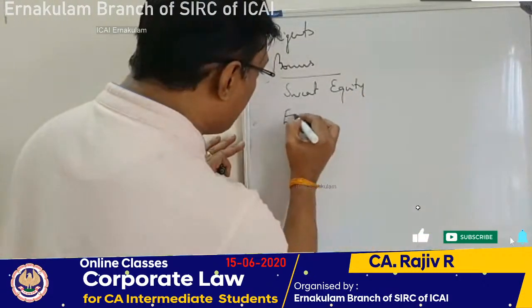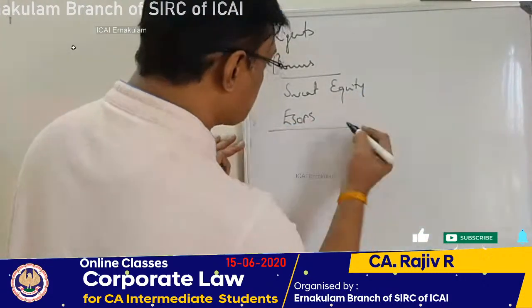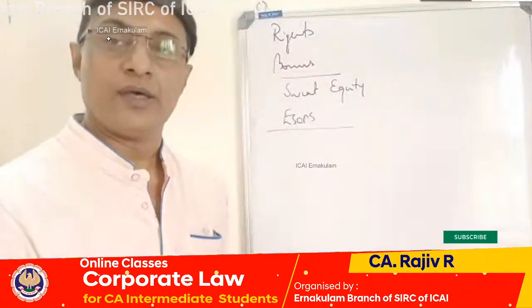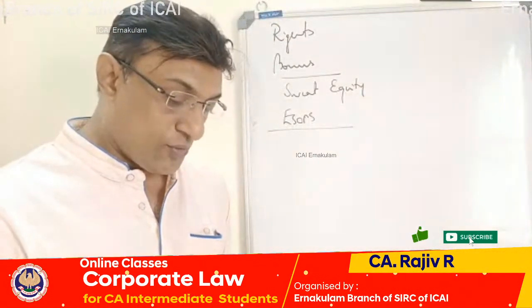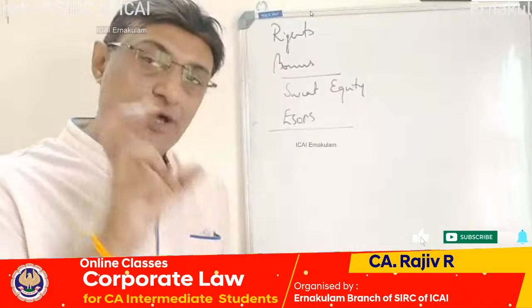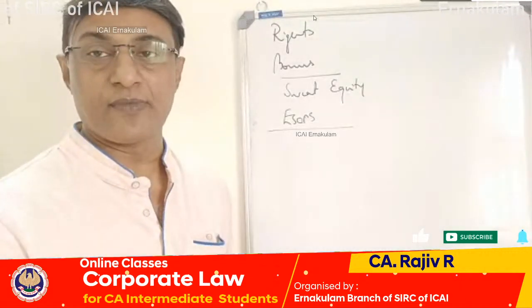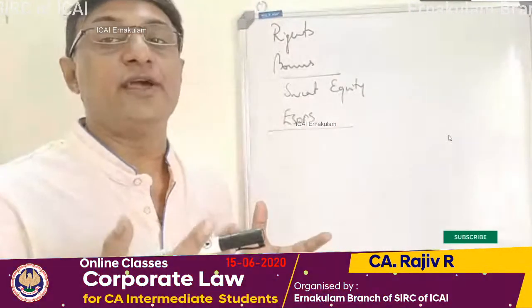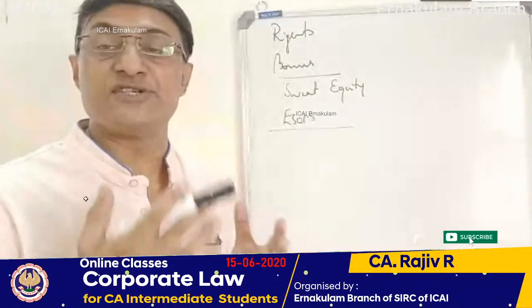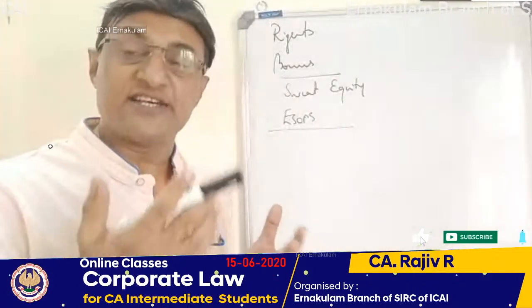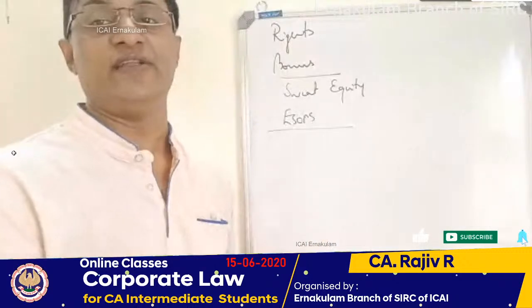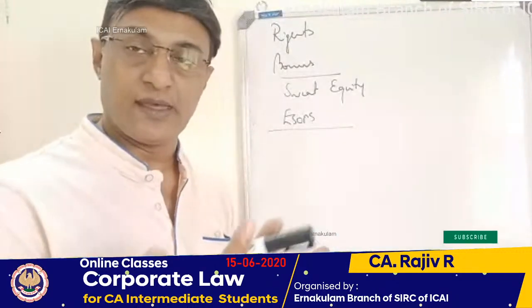And then we would be coming to the ESOPs. So these are four smaller micro capital issues, which can be technically also called private placements because they are targeted at a specific group of investors only.